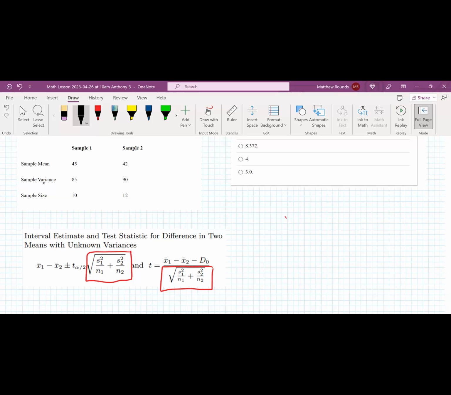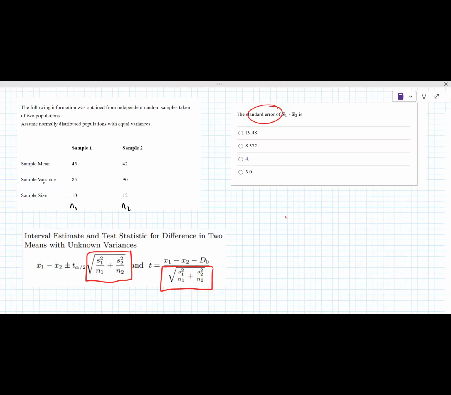So we've got N1, N2, S1 squared, S2 squared. So it's just a matter of putting it into the formula here. 85 over 10 plus 90 over 12. $16. Oh wait, I messed that up.